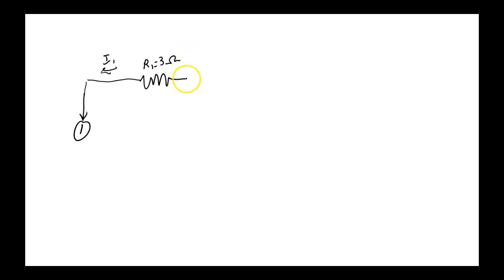Where that current came from was a battery, which was 7 volts. I like to make my distinction between positive and negative a bit bigger than theirs. This is the plus side, minus side, and they don't give a name for it. I would call this E1 or V1 or something like this, but that's 7 volts.